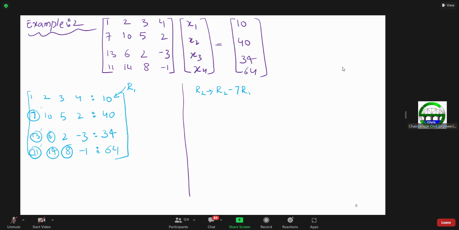If I want to make it 0, I will multiply row 1 by 7 and subtract both of them. Then my new row will be this one. So if I want to make this one 0, can anyone tell me what R3 will be?